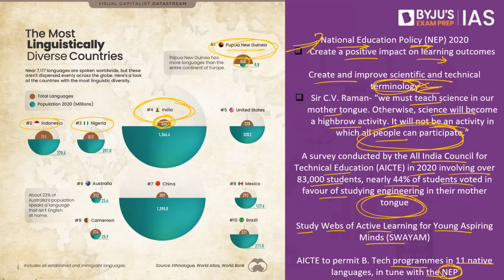Let's take the example of European languages, like French and German, or let's take the example of Asian languages, like Chinese, Mandarin, as well as Japanese. They are developing on their own. They have their own repository as well. So instead of focusing only on English, we can also focus on the regional languages, taking the example of European as well as Asian examples, says the author.